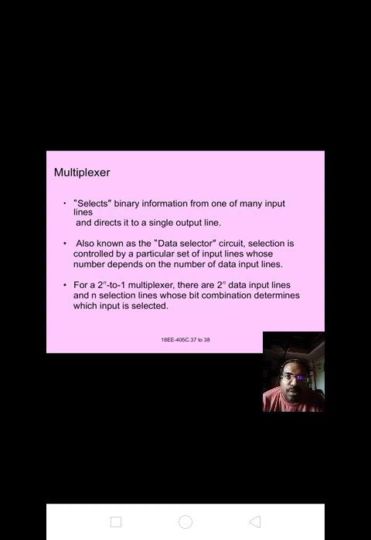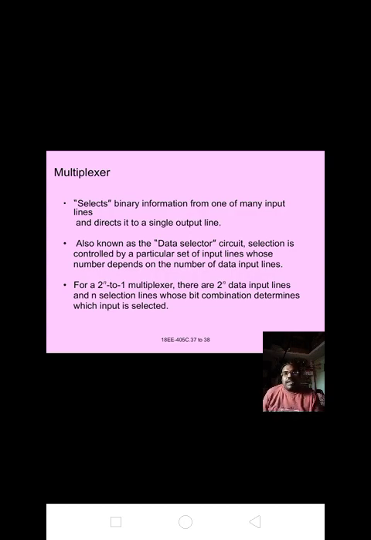Selection is controlled by a particular set of input lines whose number depends on the number of data lines. For a 2 power n to 1 multiplexer, there are 2 power n data input lines and n selection lines whose bit combination determines which input is selected.